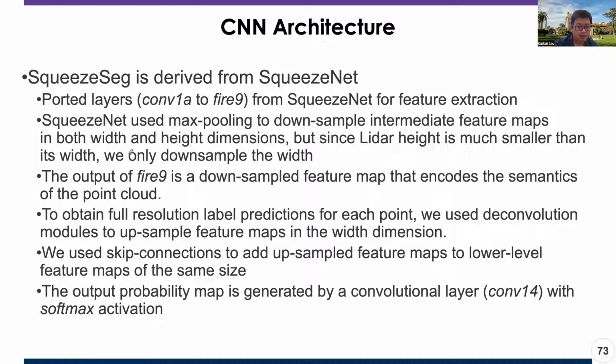So that's why SqueezeNet only downsamples the width, and they utilize the layer 1 to the Fire 9 module from SqueezeNet for the feature extraction. And they use the skip connection to add the upsampled features to the lower level feature map of the same size.